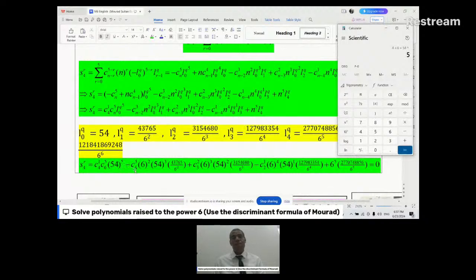Minus combination 4 choose 3, which is 4. Minus 4 times the cube of 54.